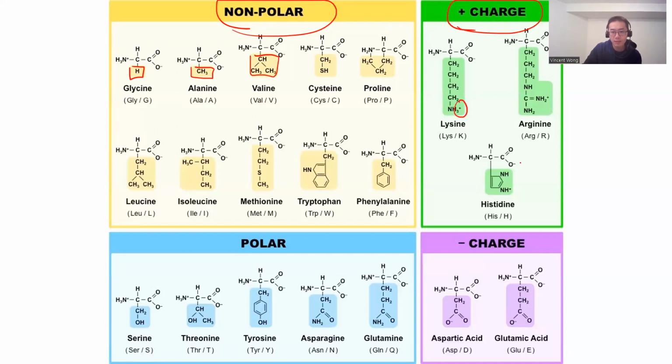You see, there's a positive charge here, right? Some of them are polar. Some of them are negatively charged. The point is that every amino acid is different in the R group, but their properties might be similar in that they might both be nonpolar or they might both be polar, so on and so forth.